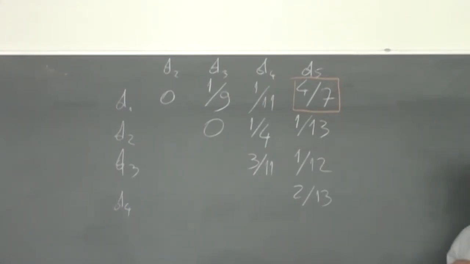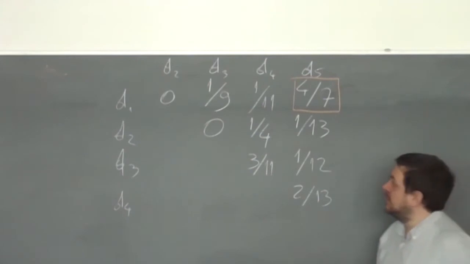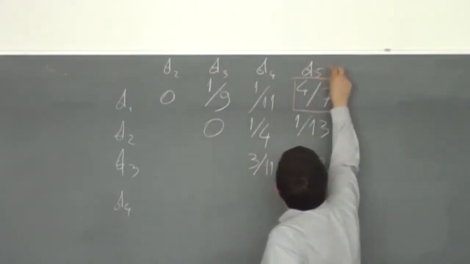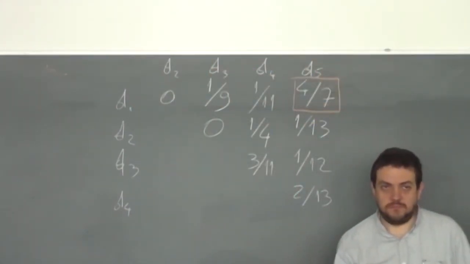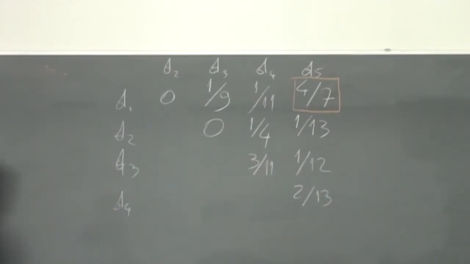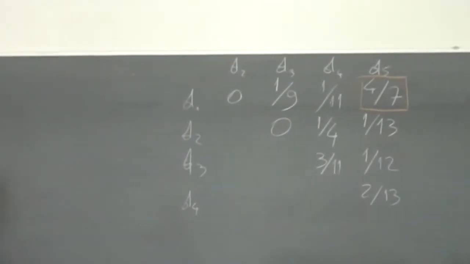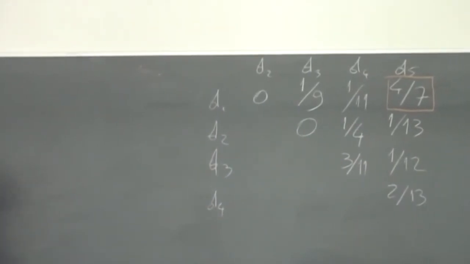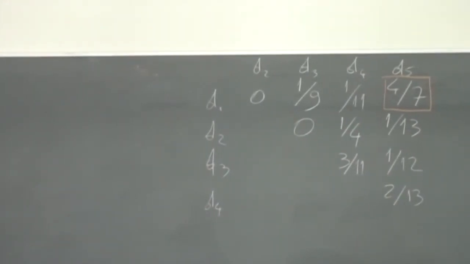So as a first step, we are going to merge together D1 and D5. Okay, merging together D1 and D5, and as long as we do it, we can also maintain a dendrogram, which is asked as the fourth question.